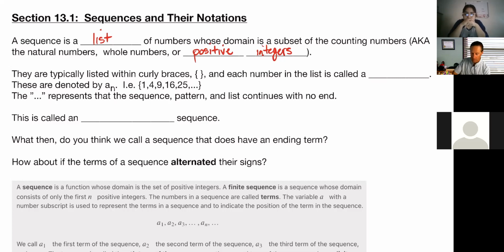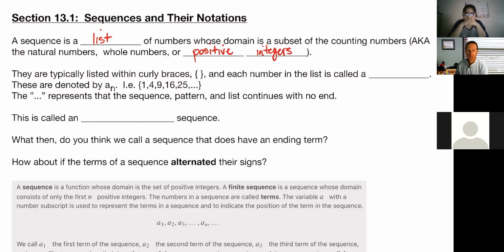Okay, the way that we list this set of numbers that somebody mentioned is with these curly braces. All right, so I put in an example here, this curly brace of a list of numbers. Okay, a sequence of numbers. And you guys might even be able to see some patterns with these things, as somebody else also mentioned earlier.